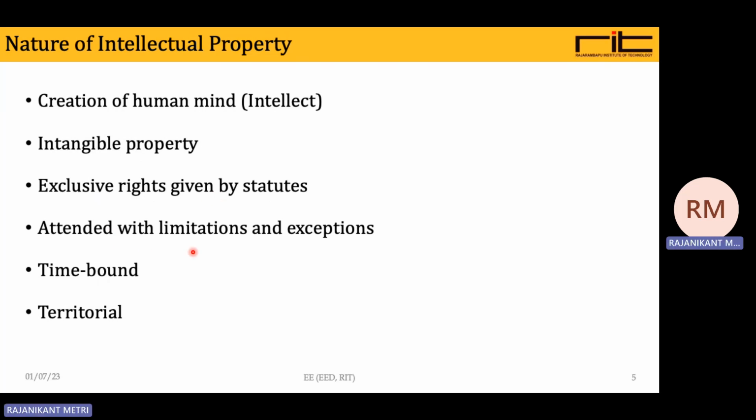It is attended with limitations and exceptions. Then it is a time bound property. It will not be for a lifetime or for eternity. Then territorial, that is, it is based on different regions or territories. So these are the features of intellectual property.